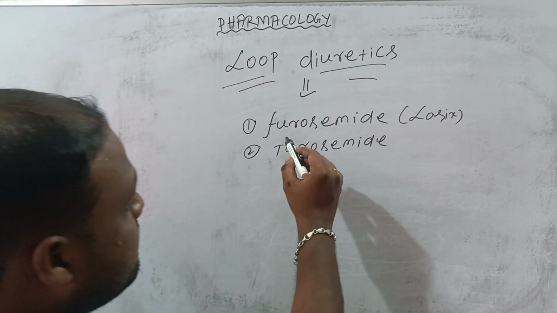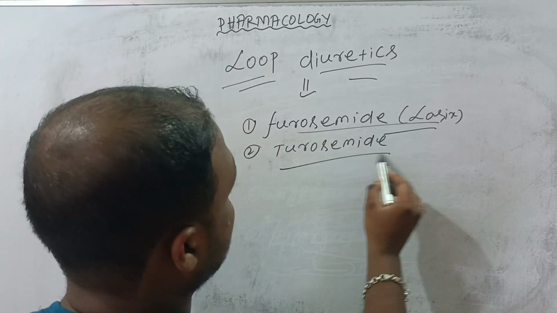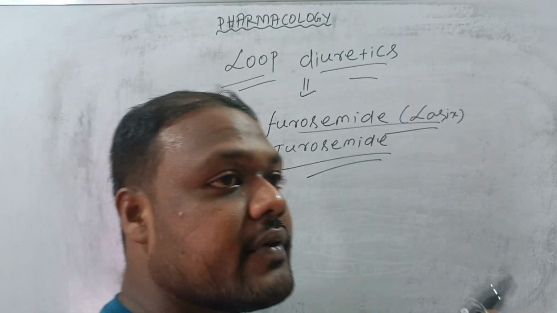That is furosemide, the Lasix, and torsemide. Those are the two loop diuretics.